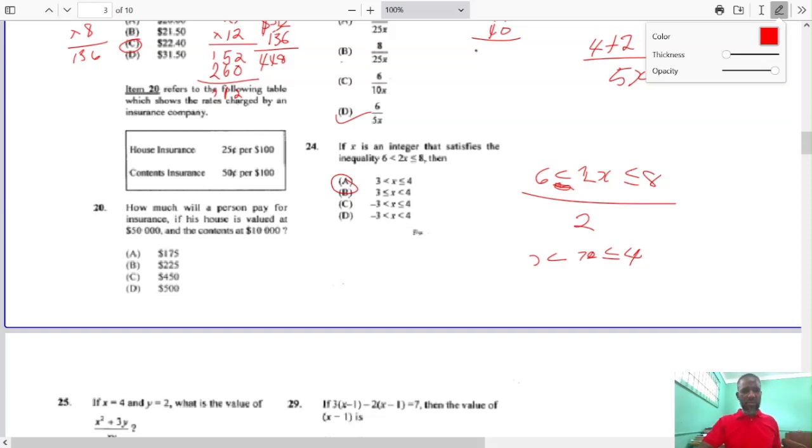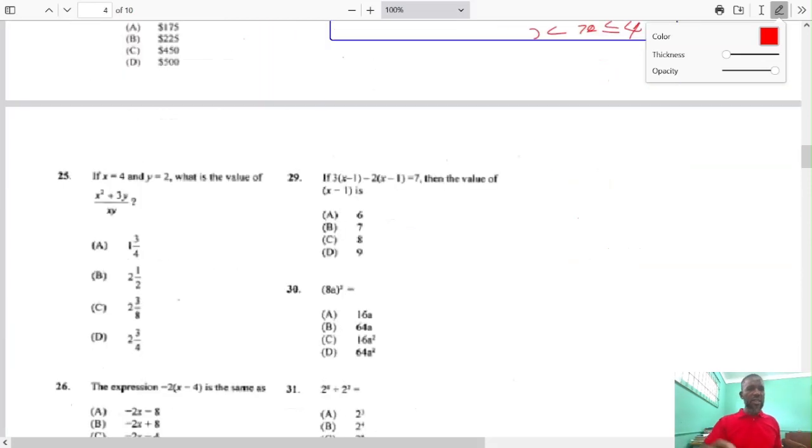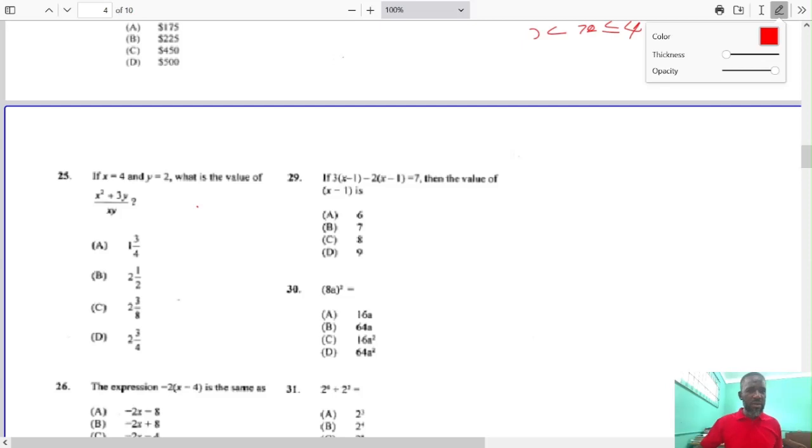All right, so let's move on to number 25. It says that if x is equal to 4, y is equal to 2, what is the value of x squared plus 3y divided by xy? So again, apply the same concept. We're going to do substitution. So x is equal to 4.